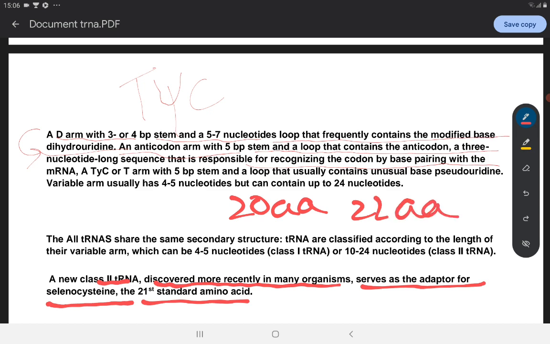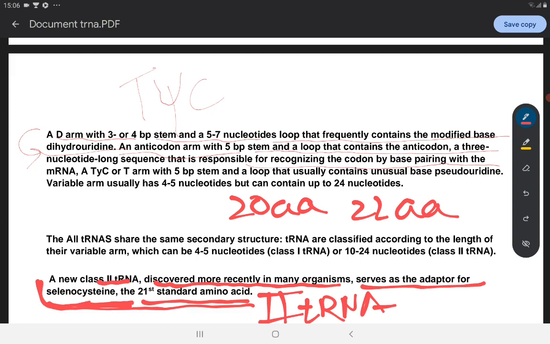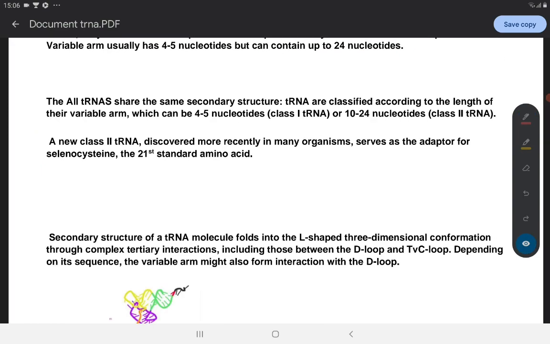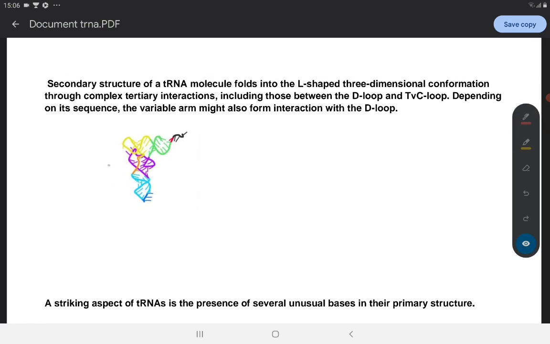The 21st amino acid, selenocysteine, has a new class of class 2 tRNA discovered recently, which is specific for selenocysteine, the 21st standard amino acid. So let's move on.